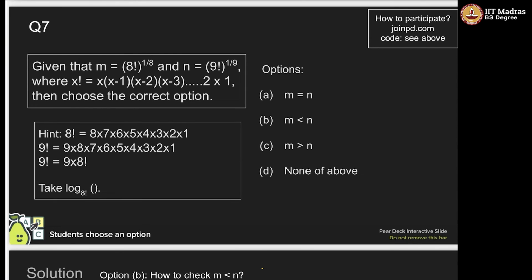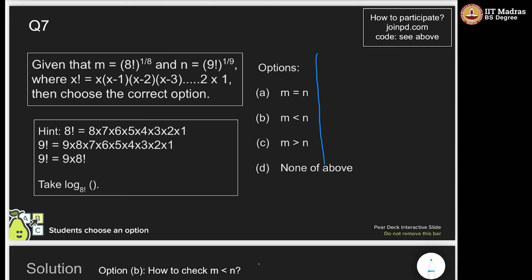Okay, this is the next question. So how to conclude? We know that 8 factorial is clearly less than 9^8, right? Now if we take log base 8 factorial on both sides, we get 1 less than 8 log_(8!) 9.